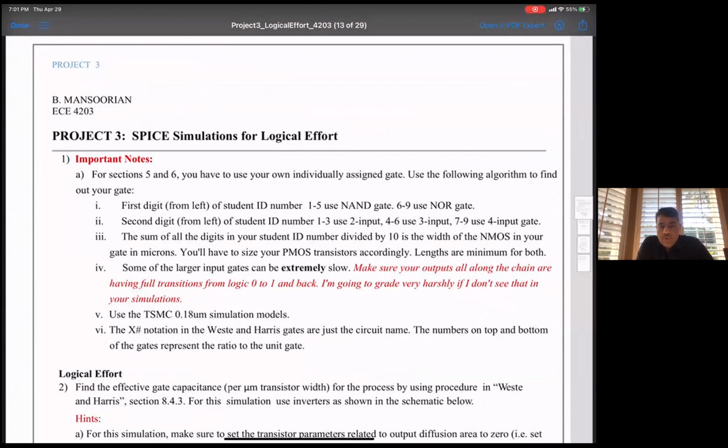Okay guys, so first thing I was going to do is go over Project 3. Just a reminder that this is going to replace midterm 2, so it's going to have a pretty big effect on your grades.